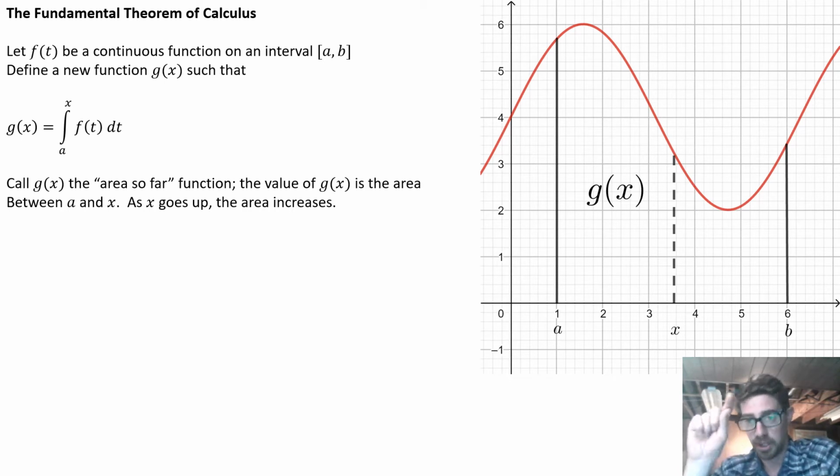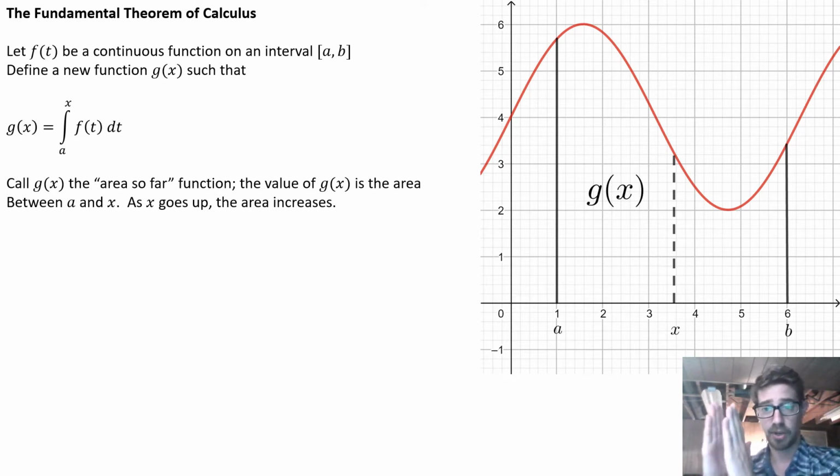And so if you look at the picture, the total area under the curve between a and that dashed line x is the value of g of x. So just picture x sliding back and forth. When x is all the way back here at a, there's no area between a and a, so the value of g is 0. As x starts to move this way, we're getting more and more area, right?